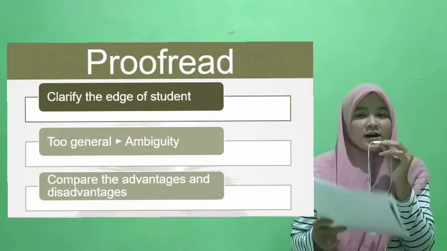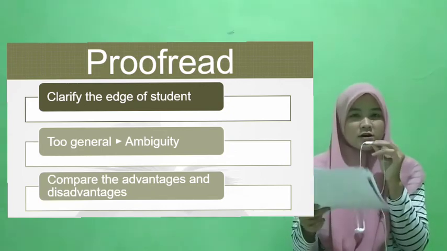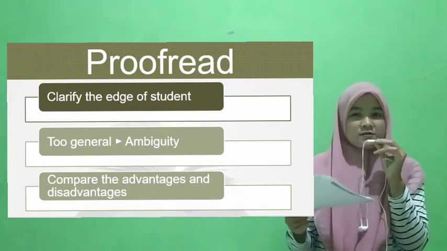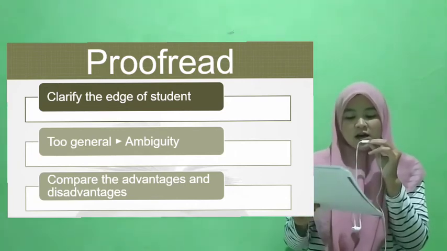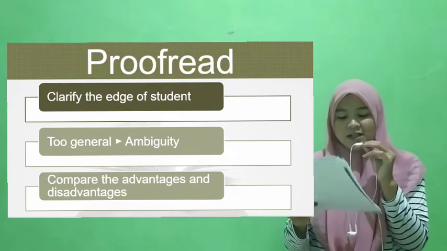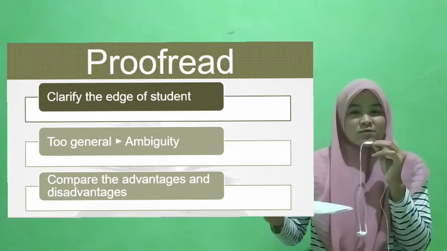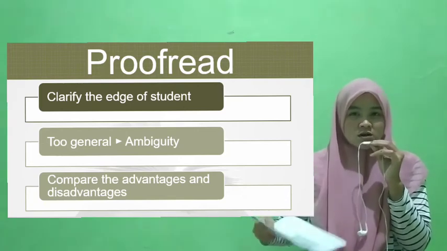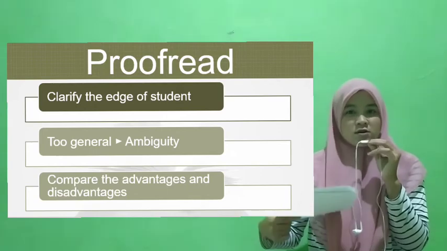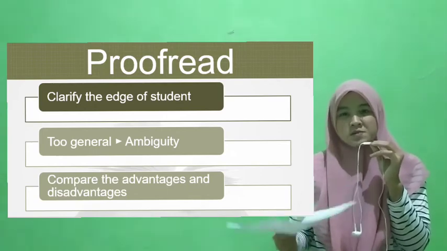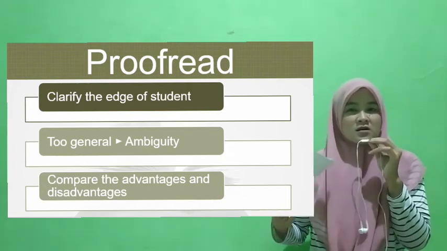So okay, I have some proofreading points, or maybe some critiques, for this paper. The first is that the writer didn't clarify the age of the students. The research quoted by the writer doesn't explain what age and what classes the students are.